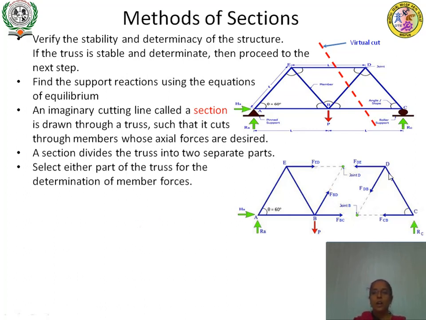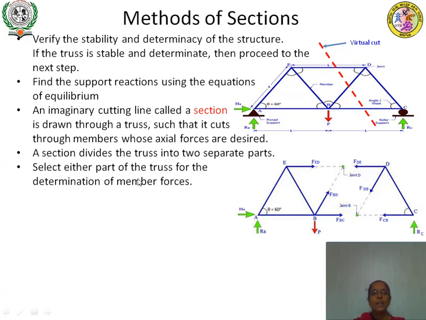You can observe that only two members are meeting at one point, and all forces are not meeting at a single point. So this forms a non-concurrent force system. Non-concurrent means we have three equations of equilibrium: sigma fx equals 0, sigma fy equals 0 and sigma m equals 0.